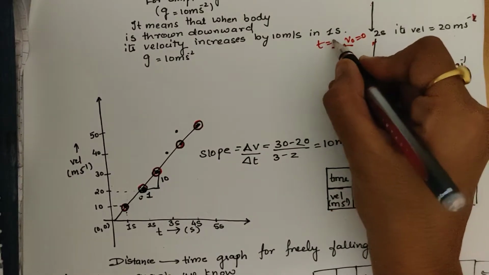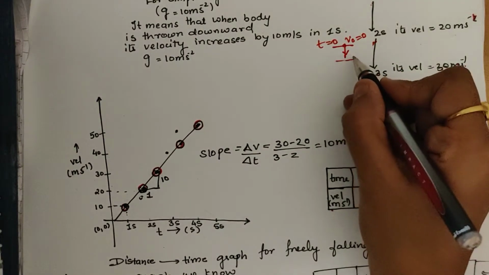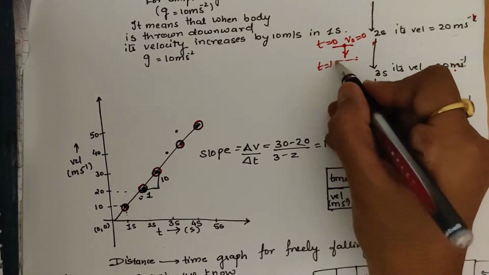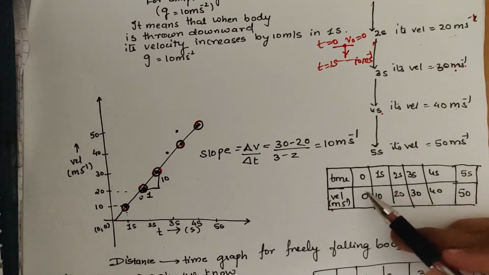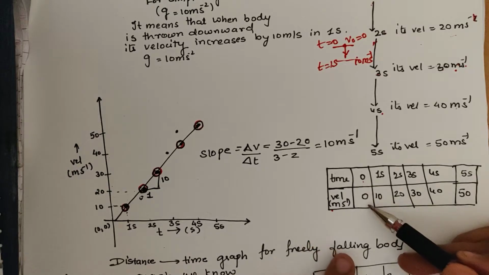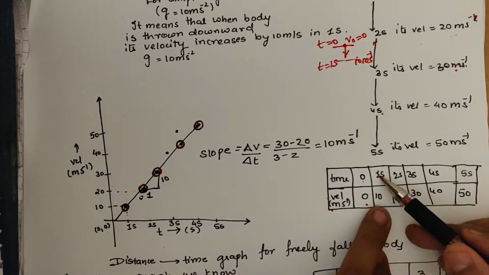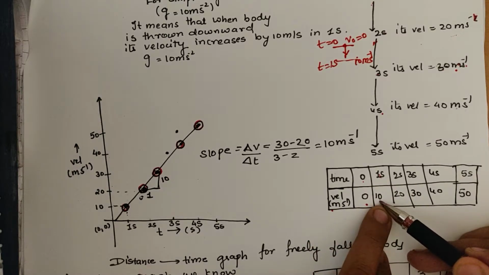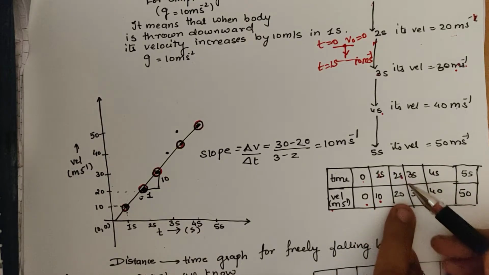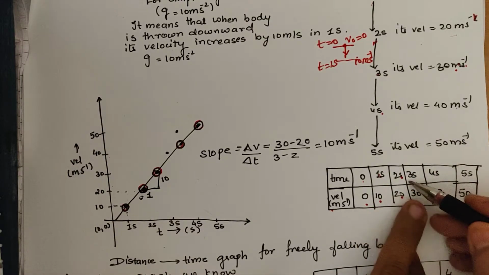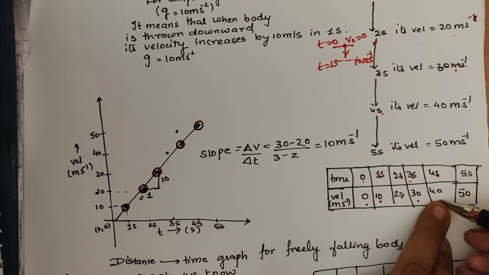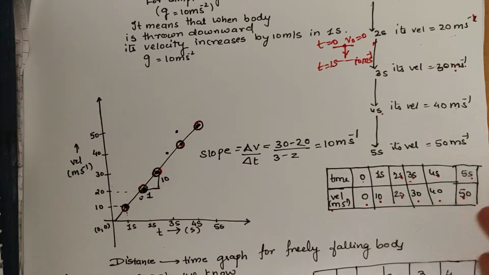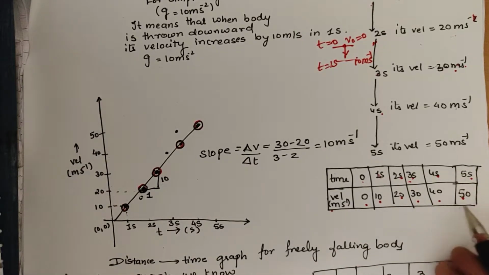In 1 second, velocity is increased by 10. In the next second, that is 2 seconds, 20. In 3 seconds, 30. In 4 seconds, it becomes 40. In 5 seconds, it becomes 50. And at 6 seconds, we write 60.